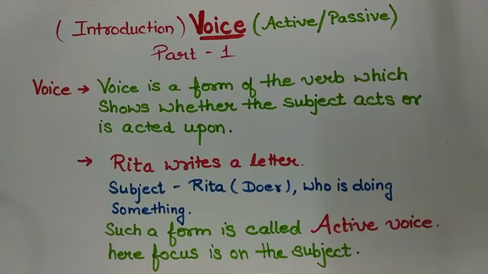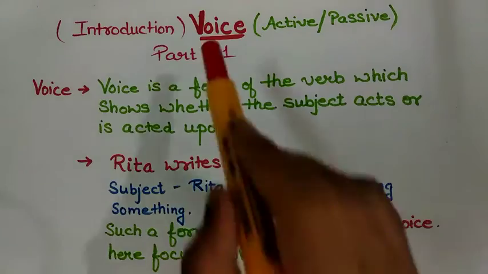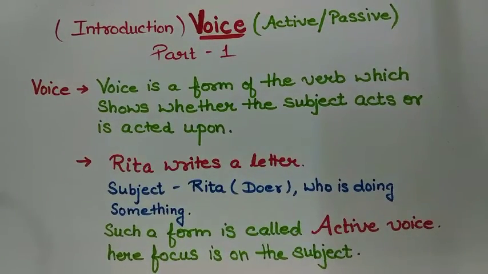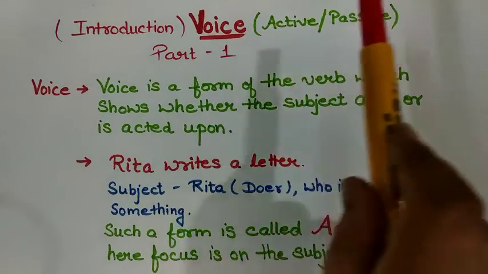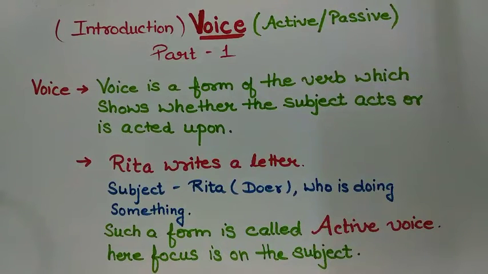Before discussing how we can convert active into passive or vice versa, we should know what the meaning of voice is and why we only discuss active and passive. So, this is part 1 of the series on active voice and passive voice.